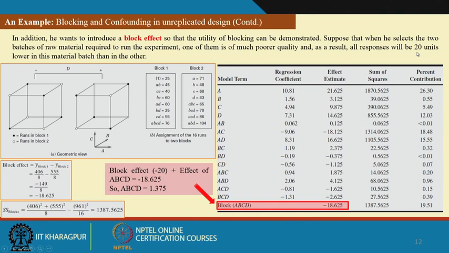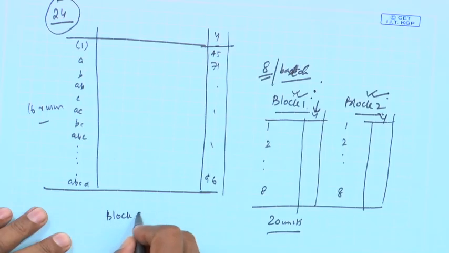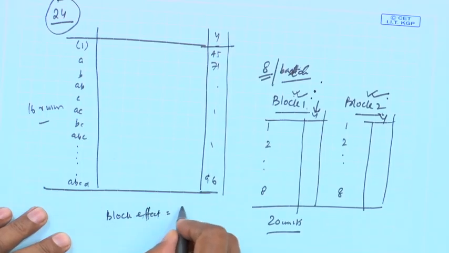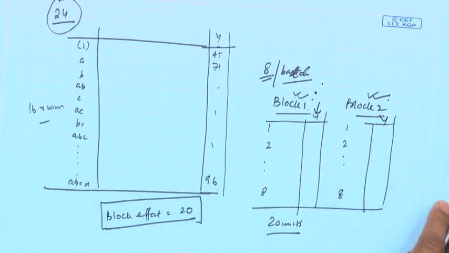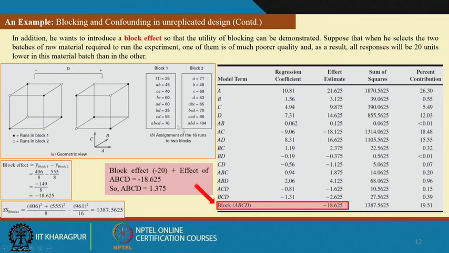That means if you use block 1, the batches of raw material representing block 1, your response will be 20 units less, and that is the block effect. Purposefully we have said first that the block effect is 20. And suppose these are the data.